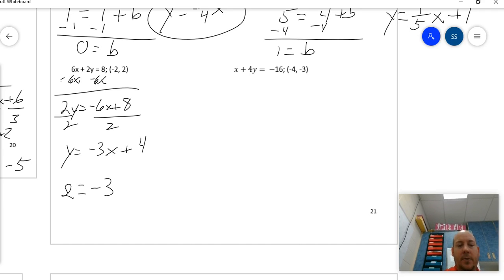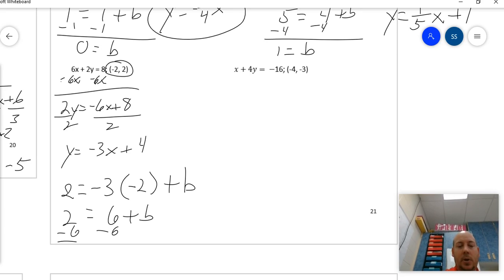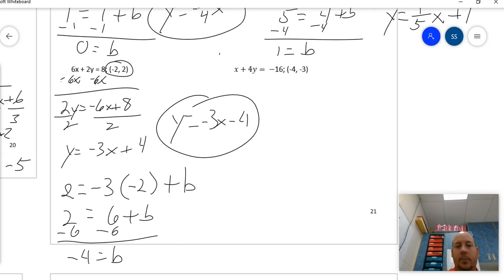My slope's negative 3. My x value is negative 2. Again, we're getting that from our coordinate there. Plus b. Okay, so that's positive 6. And when we subtract 6, we get negative 4 is equal to b. So your equation would be y equals your slope, which is negative 3x. Y-intercept is negative 4, so minus 4.